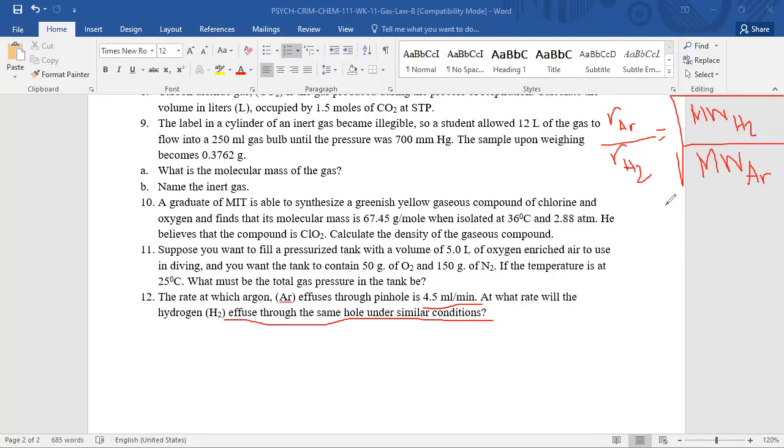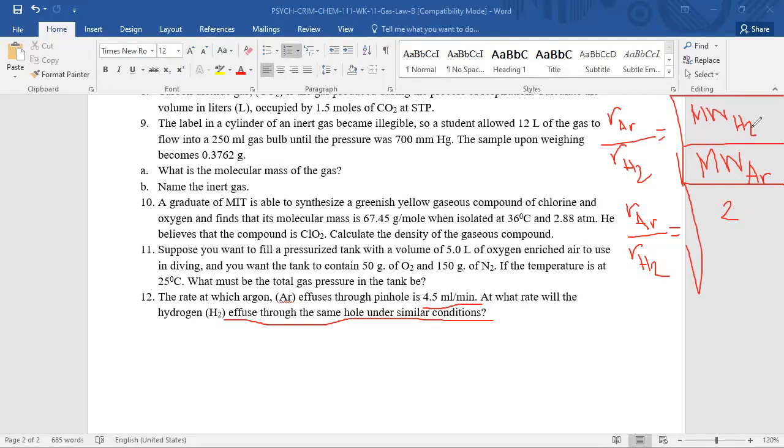Paano natin kukumputin yan? Para matanggal natin tong square root, meron kayong dalawang method. Pwedeng wag nyo munang tanggalin yung square root sign. Okay, so para mas madali kung ganun gagawin natin. So that would be rate of argon over rate of hydrogen is equal to square root of H2 is 2. Bakit 2?